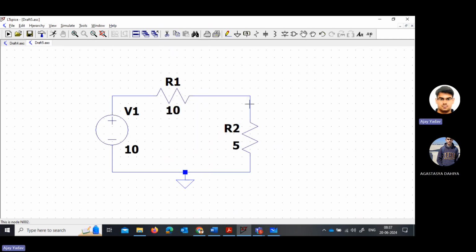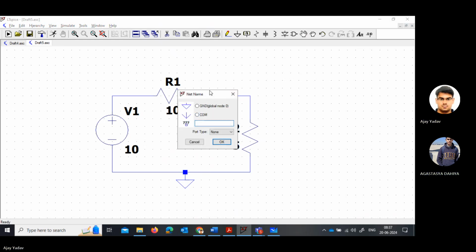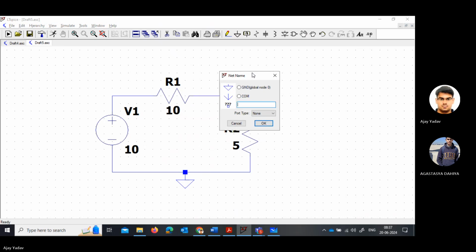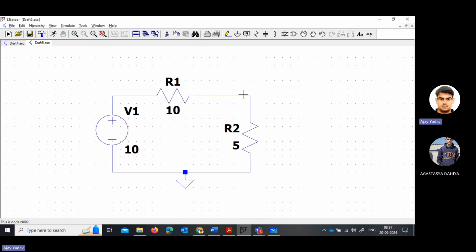Now you can use labeling also. There is one labeling option.